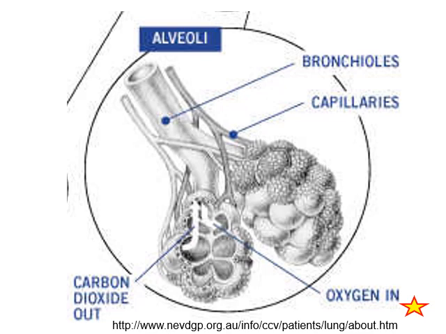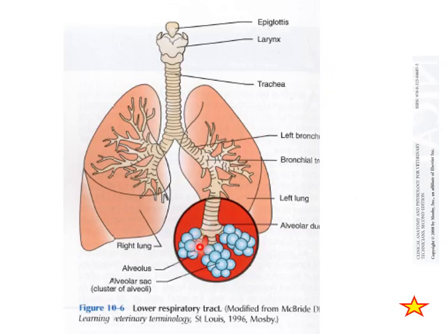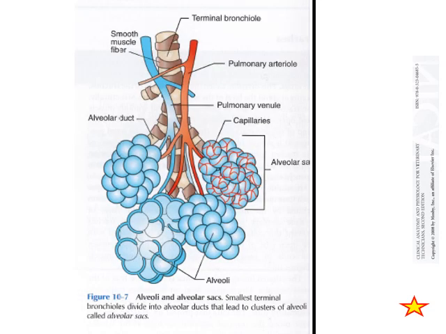Here is another, more cartoonish one of that: trachea, bronchus, and then the bronchioles down to the duct system. Again, we have the alveoli here. Another diagram here. The red lines are representative of the capillaries.